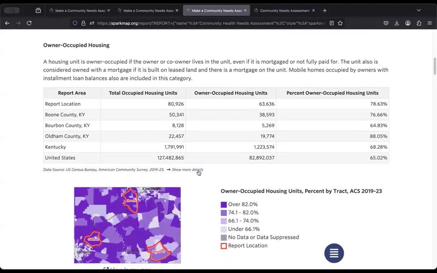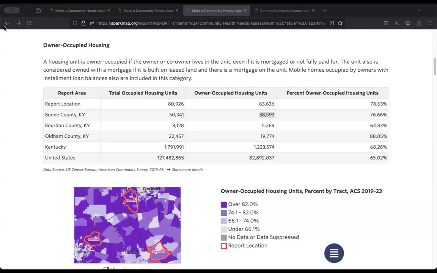But we'll dive right in here and we can start to see what these three counties in Kentucky, which aren't super close to one another, but they represent a nice diverse urban, suburban, and rural mix, look like. And so what we can see here is the total number, our N of housing units, how many of those are owned, and then what the percentage is of total available homes.